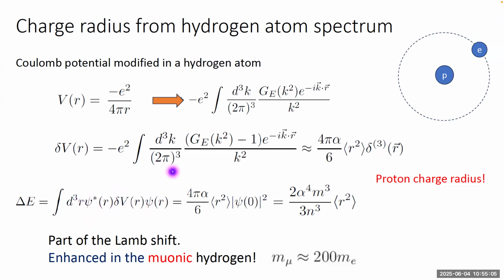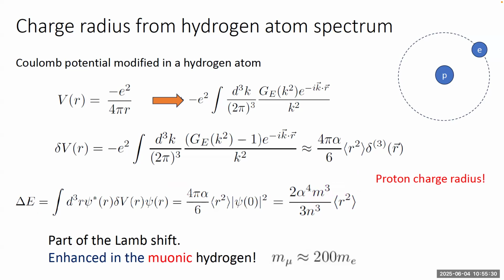If you do this calculation, you get that the energy shift is proportional to the charge radius squared. So if you can measure this energy shift very precisely, then you can get this R squared term here.